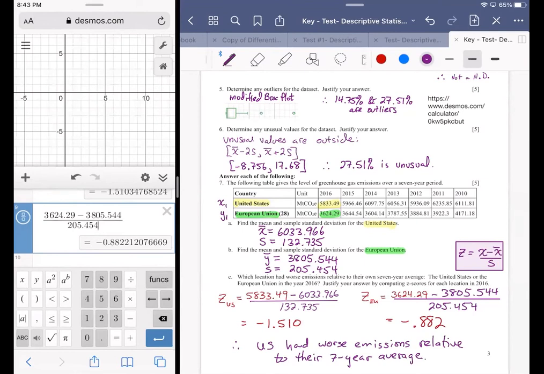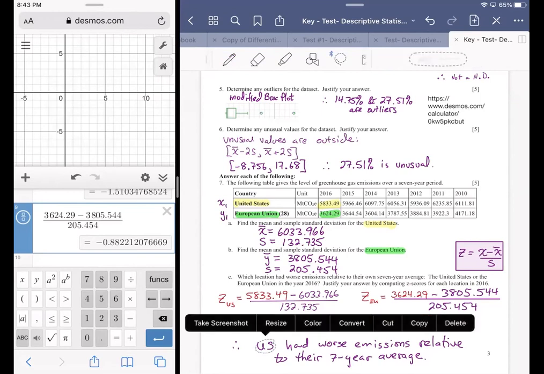Right. And that's because their z-score is lower. Right? It's more negative than the negative 0.882. And so that's indicating that their value is lower. Actually, sorry, I think I just got that backwards. Worst emissions, no, it would be EU. Sorry. Worst would be a higher number.